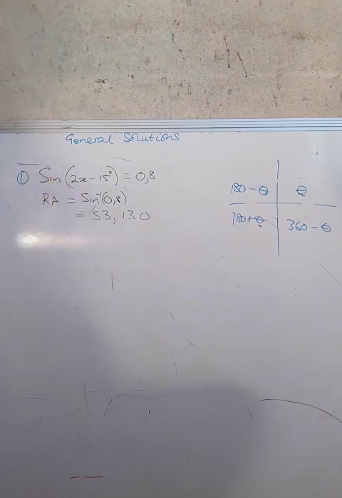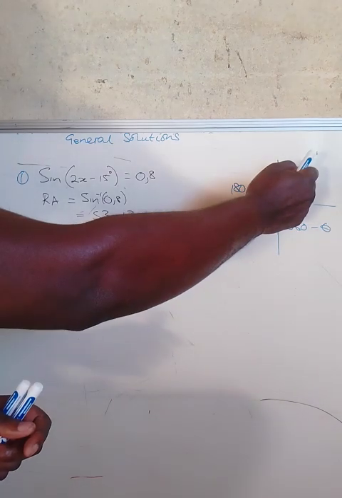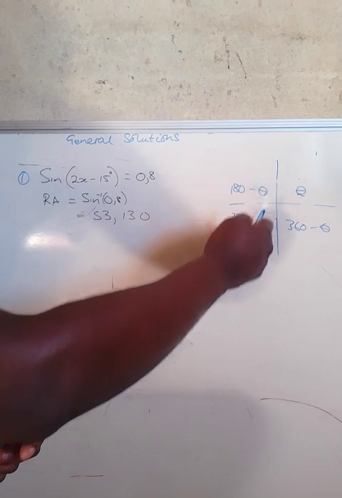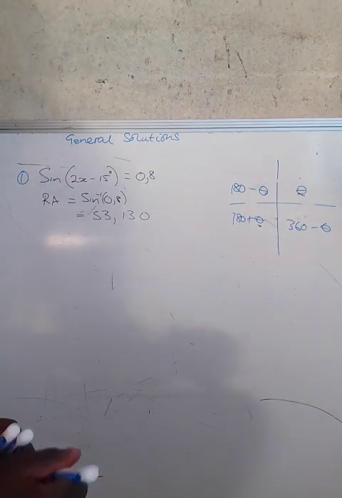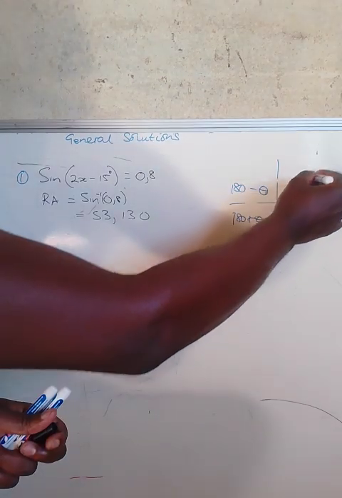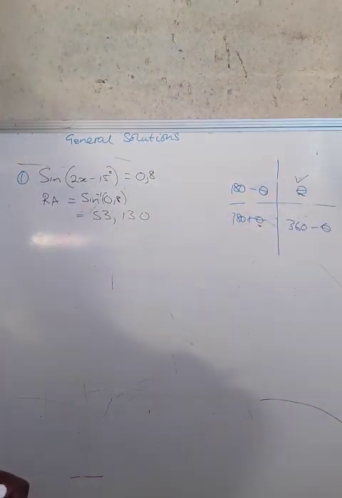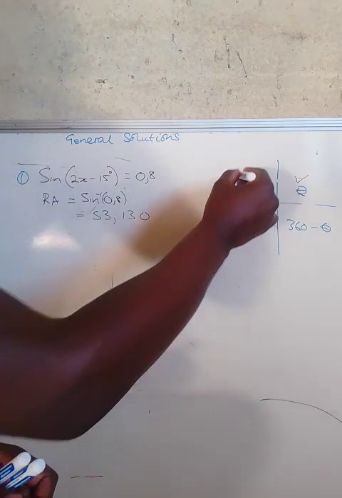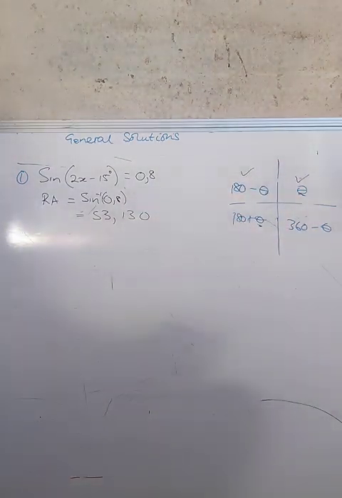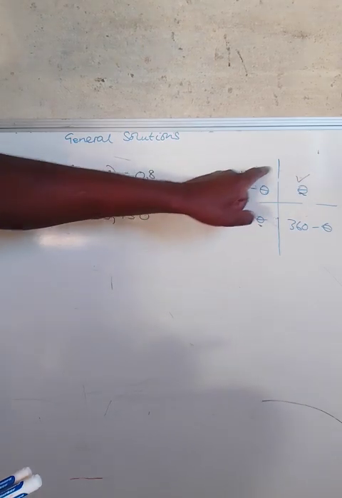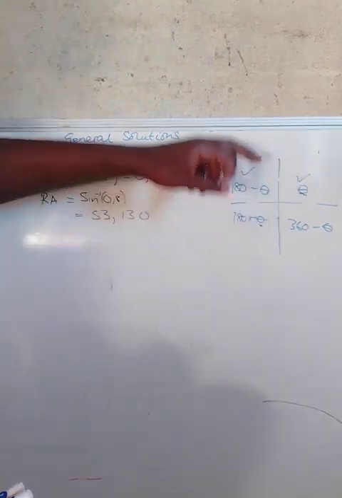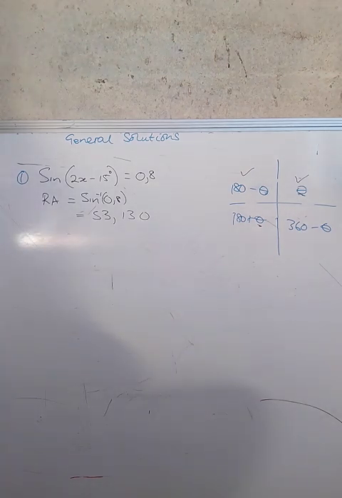Using the CAST method, in the first quadrant, sine is positive, and in the second quadrant, again, sine is positive. So we are going to work our answer using the first quadrant and the second quadrant.